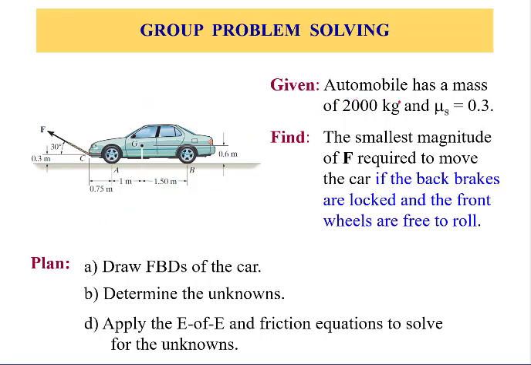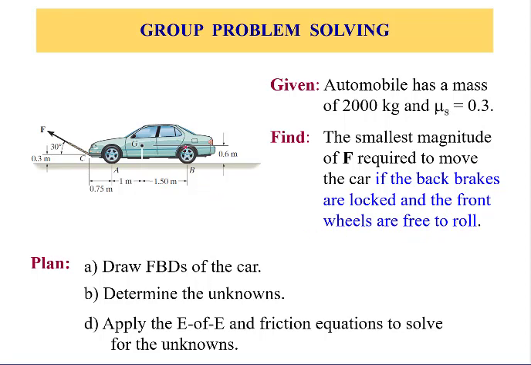Given here is a vehicle that has a mass of 2000 kilograms, and the friction between the wheels and the ground is 0.3. We want to find the smallest magnitude of the force F required to move the car if the back brakes are locked and the front wheels are free to rotate. This is very important to understand.